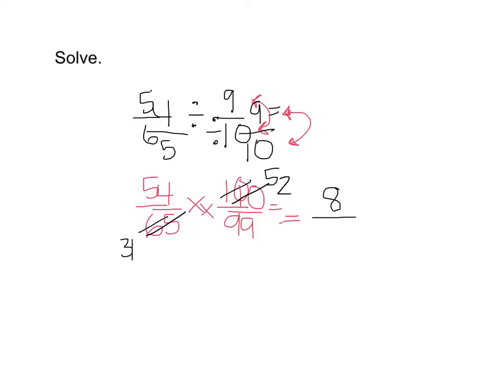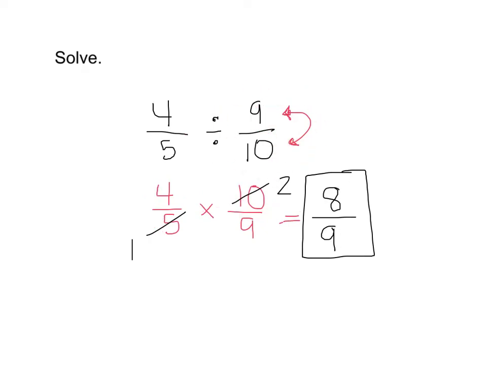And 1 times 9 is 9. So my answer to my original problem, 4/5 divided by 9/10, equals 8/9. So, once again, all you're doing is step 1, changing the division sign to a multiplication sign. Step 2, switching your numerator and denominator, and then solving across the top and the bottom.